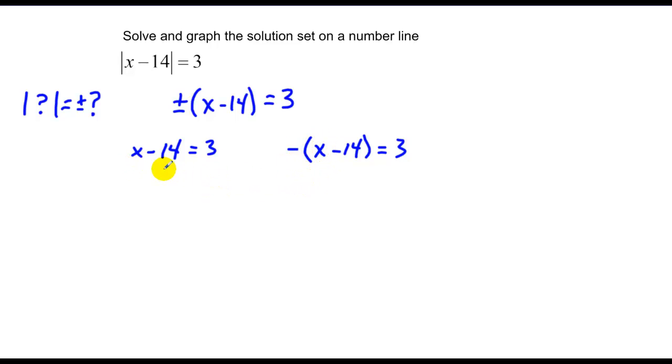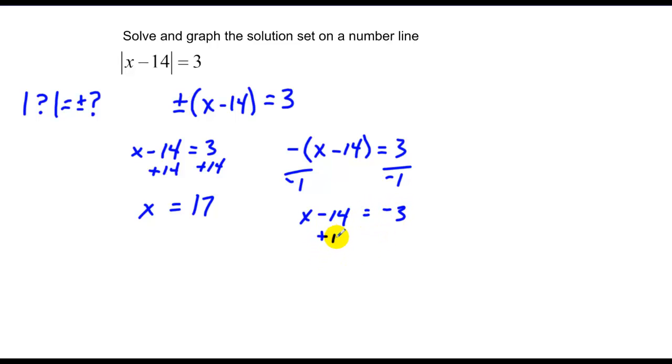Now you can solve this any way you want. On this side, we're just going to add 14 to both sides. We get 17 as one of our answers. And in this case, I'm going to multiply by negative 1 to both sides, or divide by negative 1. So in this case, I get x minus 14 equals negative 3.